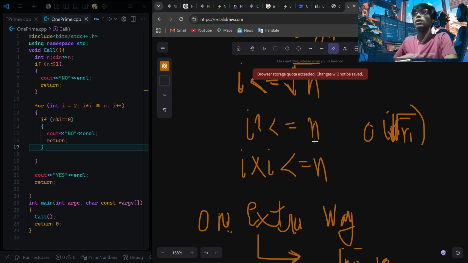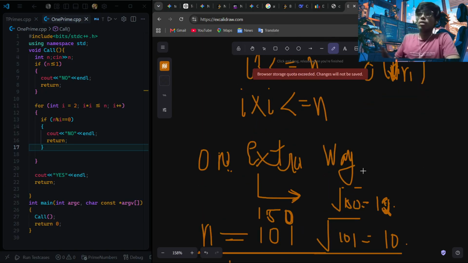That optimized way will not reduce the time complexity, but it will reduce the CPU computation. This optimization will make our code 3 times faster than this code. So let's check it and observe it.